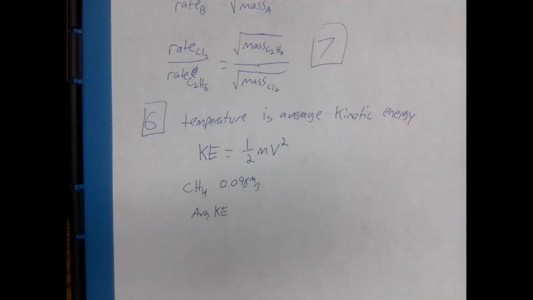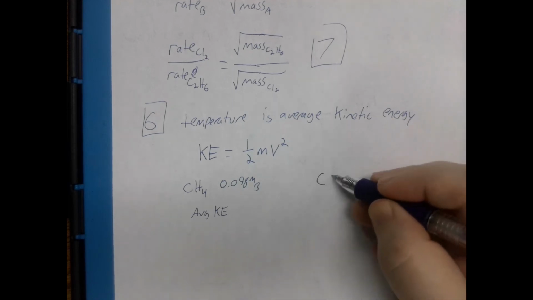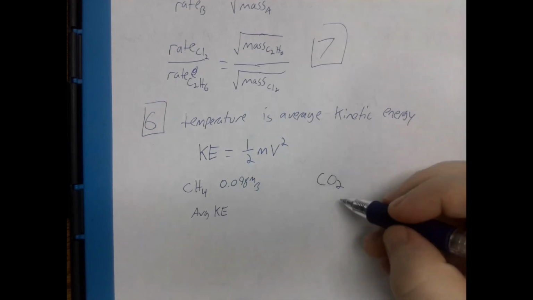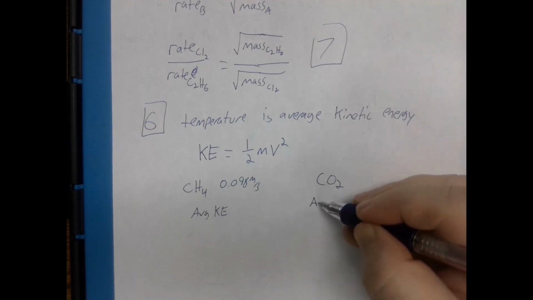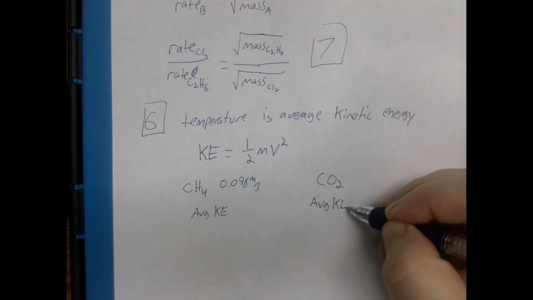And it asks you to solve for the average velocity of carbon dioxide, CO2. If it was at the same temperature, that means it has the same average kinetic energy.